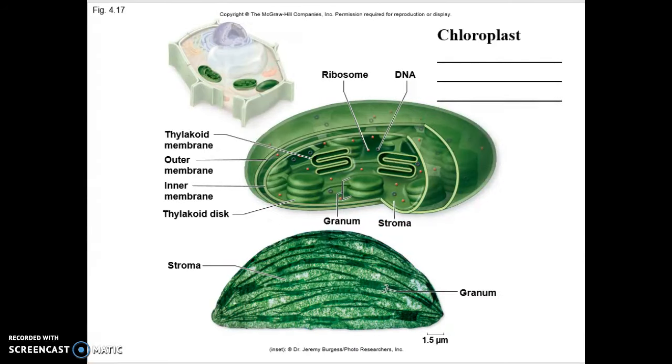Now, chloroplasts are powerhouses that are typically found in plant cells. We will see chloroplasts in other groups of organisms. We will see them in certain bacteria. We will see them in a group of eukaryotic organisms called protists, little single-celled things like euglena, volvox.